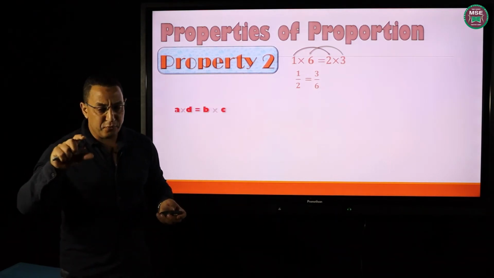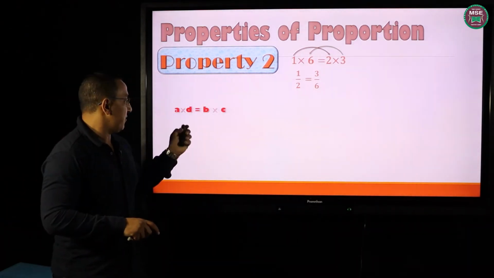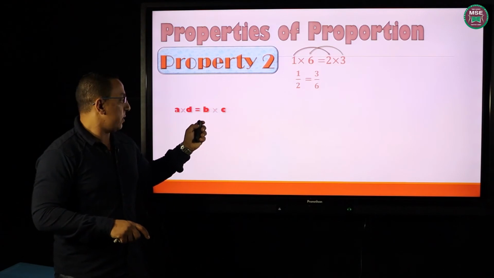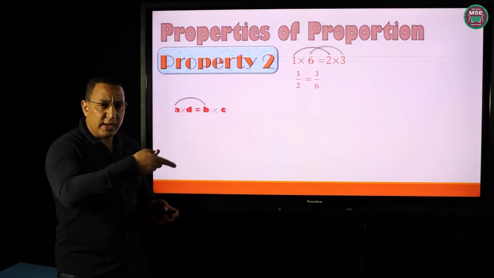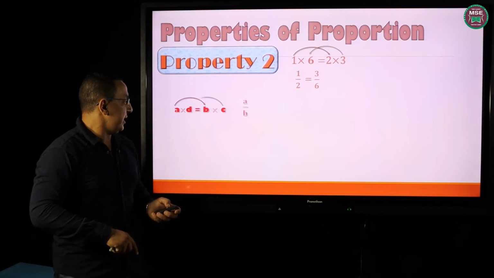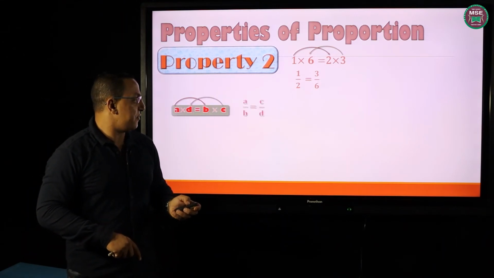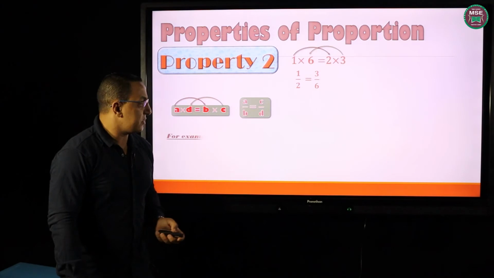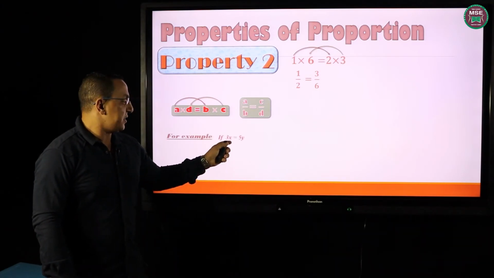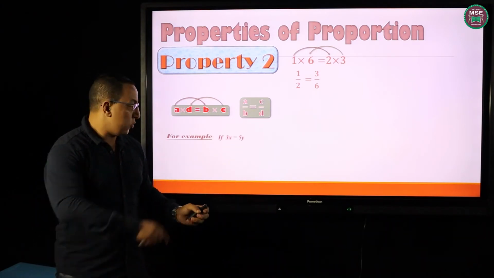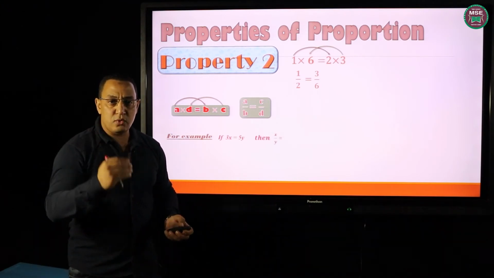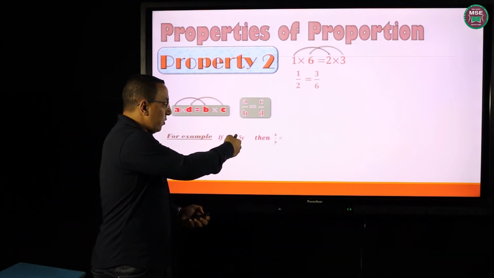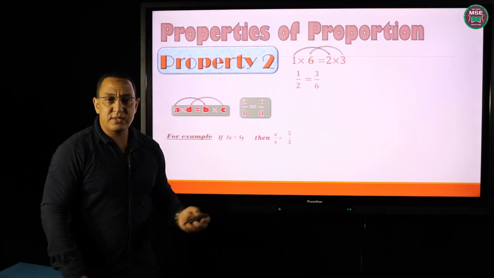Okay, I can form this property like this. If I have a times d equals b times c, so a over b equals c over d, like this. And this is a very important property. For example, if I have 3x equals 5y, so if I need x over y, it equals 5 over 3, like this.